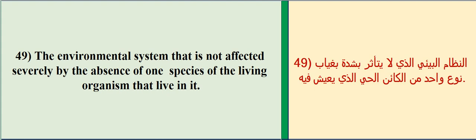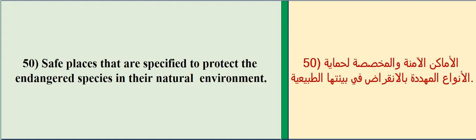The environmental system that is not affected severely by the absence of one species of the living organisms that live in it. 50. Safe places that are specified to protect the endangered species in their natural environment. Complete.